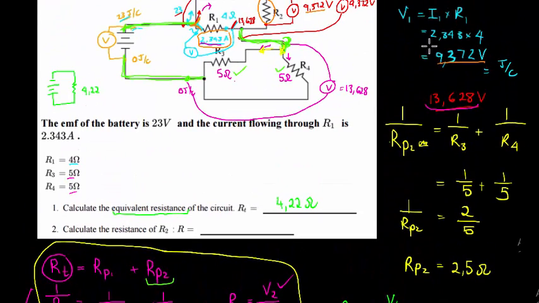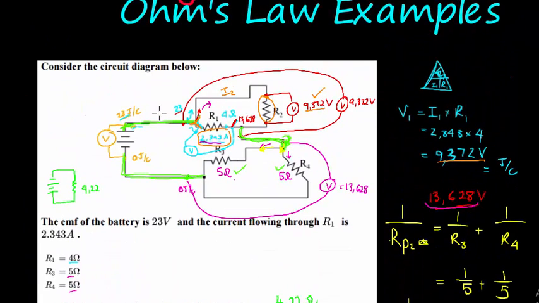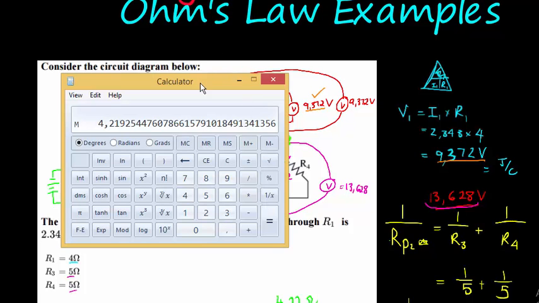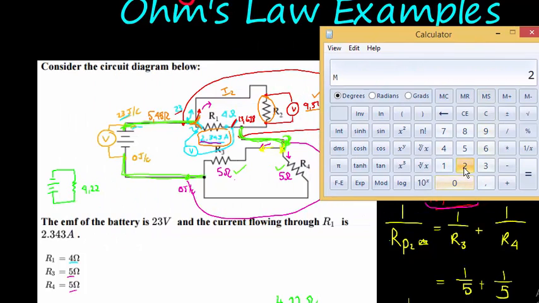5.4512 gets split up. 2.343 goes into branch 1 and the rest goes into branch 2.